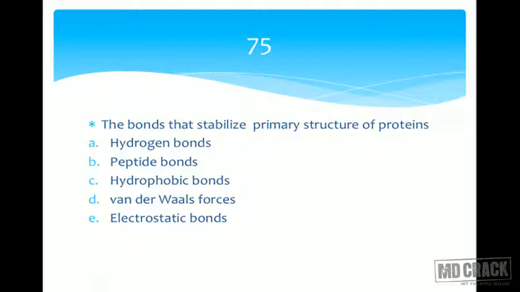The bonds that stabilize the primary structure of proteins. I think this is an easy one. The primary structure of proteins is because of peptide bonds. Remember, you have the peptide bonds which are responsible for the primary structure. I think in this what you are supposed to know is what is primary, what is secondary, what is tertiary and quaternary.